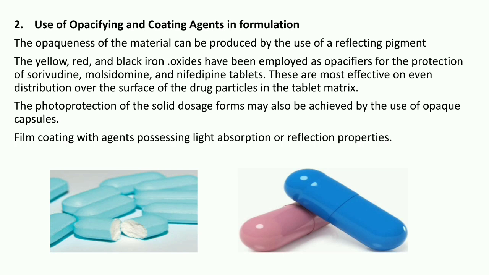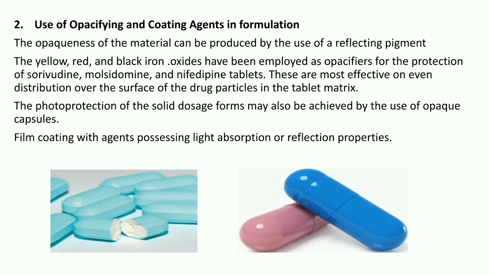Next is the use of opacifying and coating agents in the photostabilization of the drugs. The yellow, red and black iron oxides have been employed as opacifier for the protection of molsidomine and nifedipine tablets.